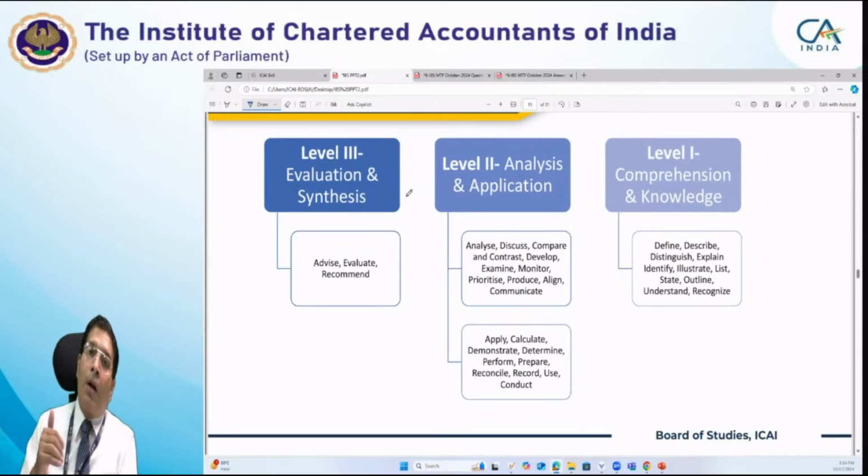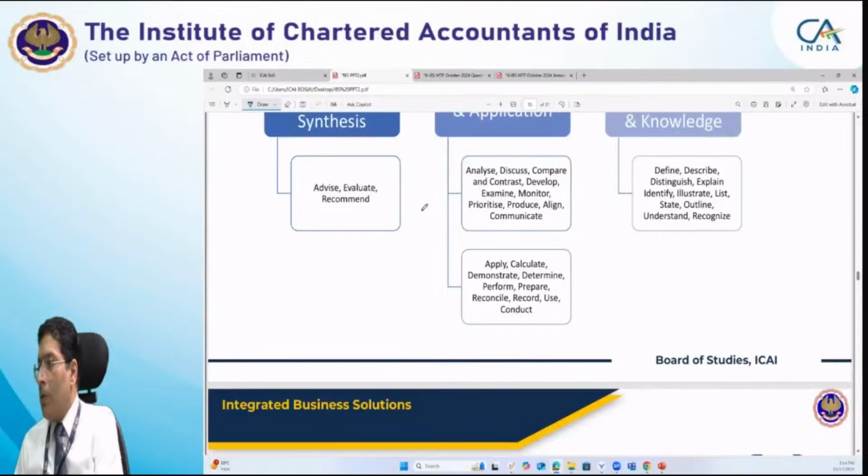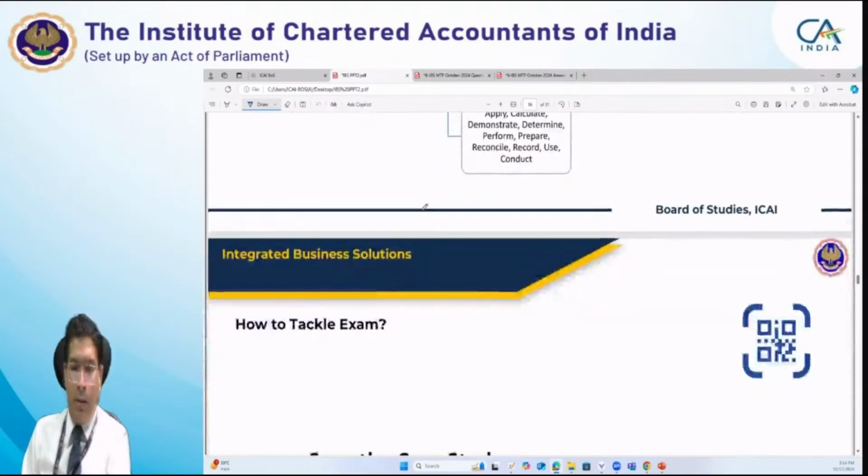Therefore, try to apply. As I told you earlier, if a question says to evaluate, then evaluate. Don't write simple answers, simple copy-paste from your book. If a question says to advise, advise properly by including qualitative factors. There is Pradeep, if you have any query, you may ask.